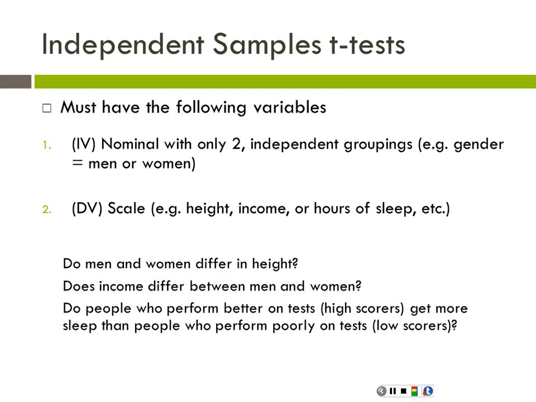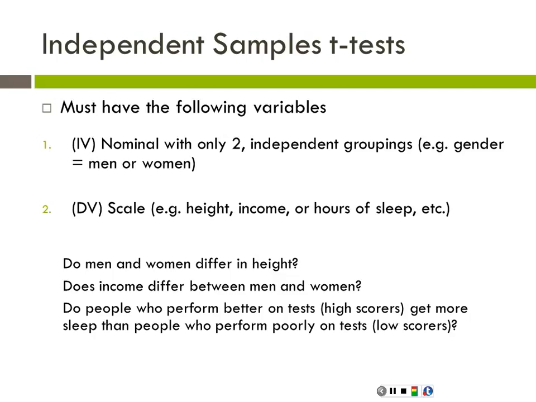And so this test allows us to do some really awesome and very meaningful comparisons, but it does have some constraints. And so you can see here the types of variables you need to do this test. If you don't have these variables, you can't do this test. So our independent variable, the variable that we think is responsible for the differences in the dependent variable, can only have two levels, right?